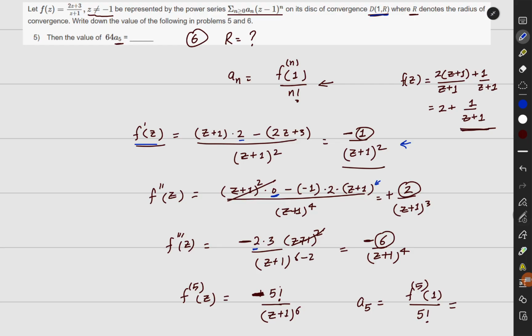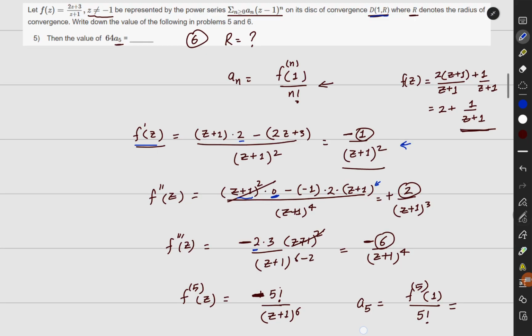The first thing is we write the denominator and then the derivative of the numerator, which will again be 0, so I'm not writing the first part. In the second part we write minus the numerator times the derivative of the denominator. The numerator is just 2, so minus 2 is written here.